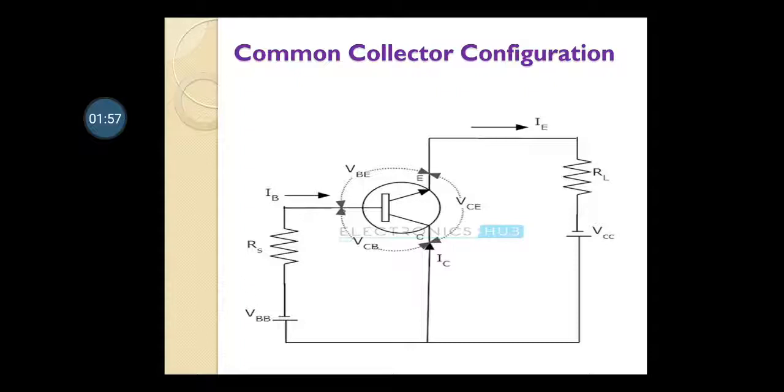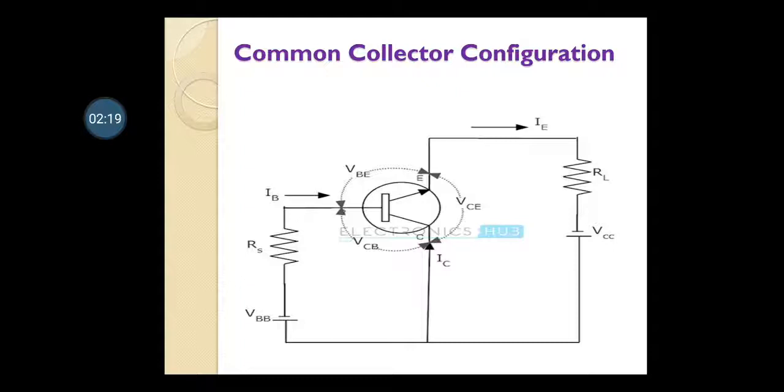For the emitter you can see RL is the load resistor, and the output current is the emitter current IE, and VCC is the voltage source connected here in the output loop.